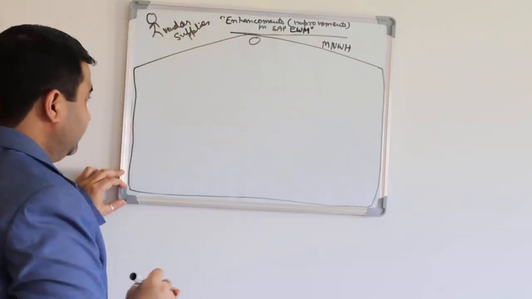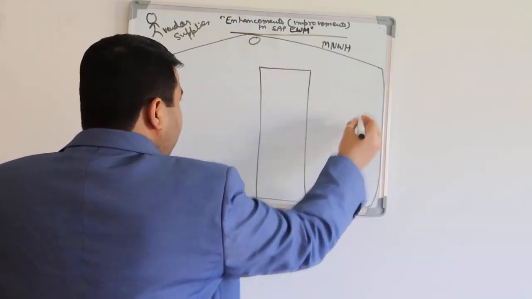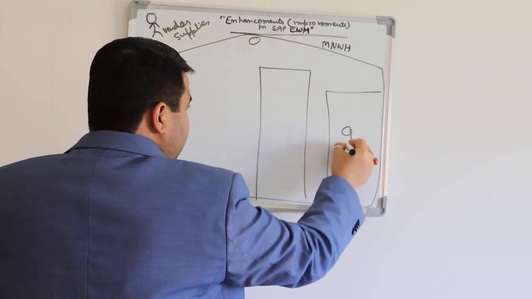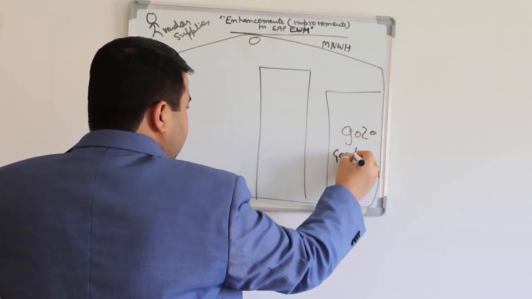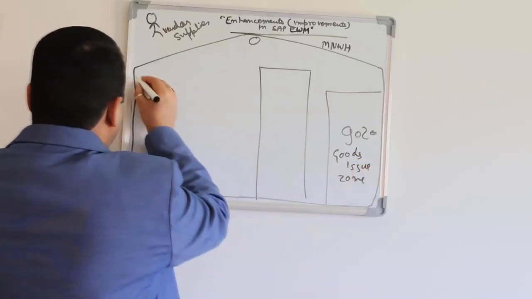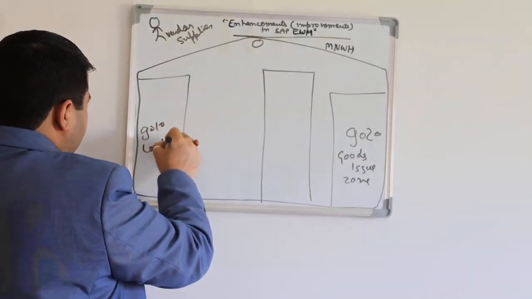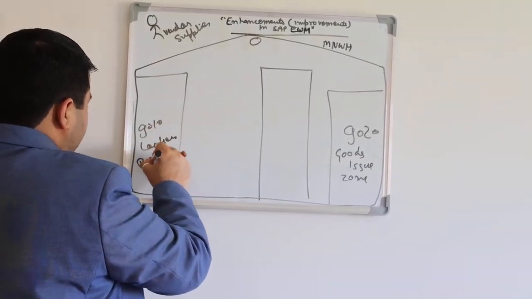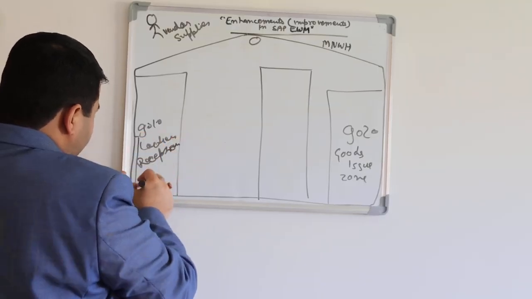What do we do? I will tell you a simple process. This is the 9020 location, which is the goods issue zone. This is the 9010 location, which is the reception area, where we receive the goods and unload the goods, okay.